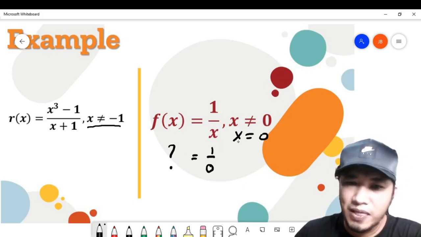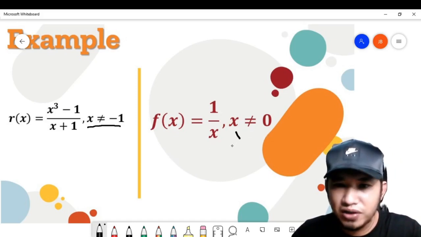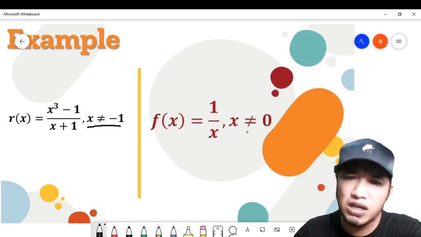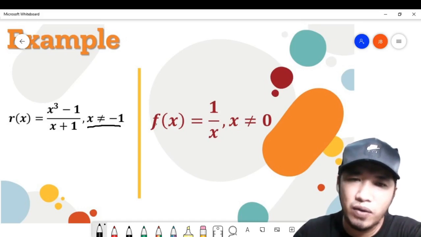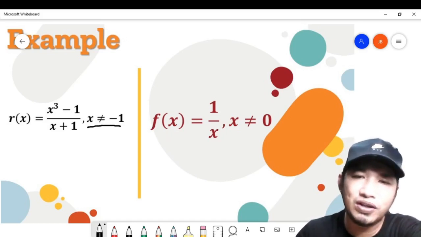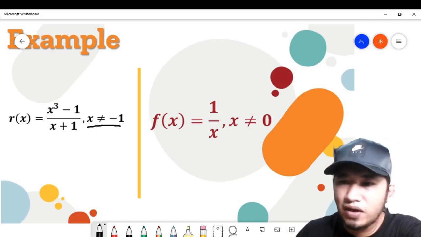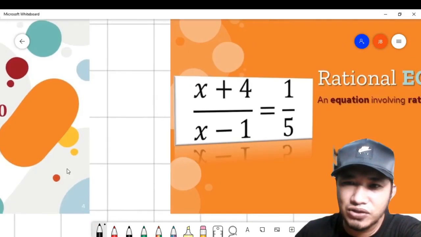So that is why it is stated that x must not be equal to 0, so that our f of x will function. Alright? So that is an example of rational function.